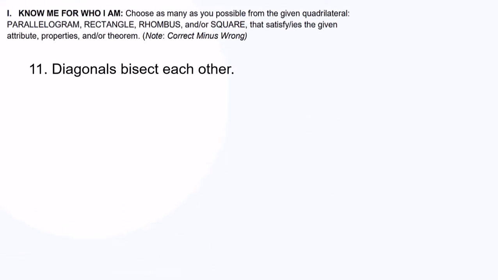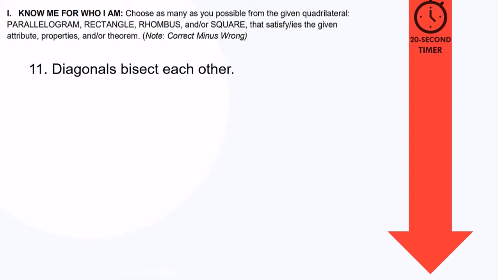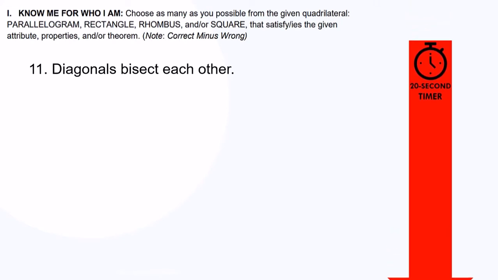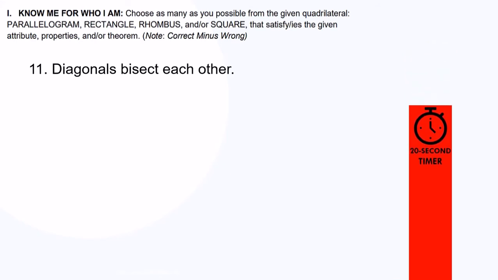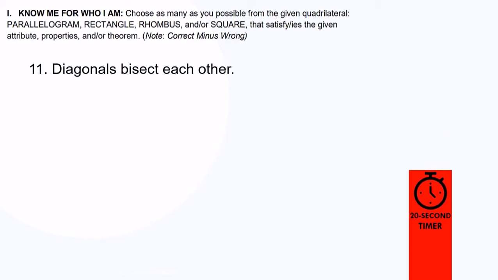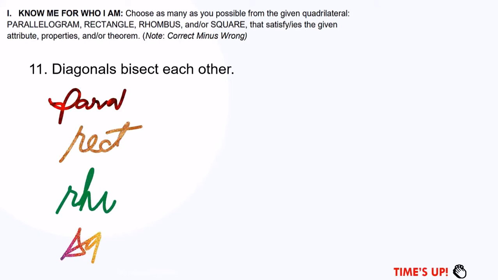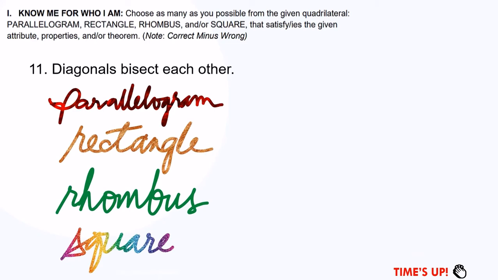Diagonals bisect each other. Your timer starts now. Correct answer, parallelogram, rectangle, rhombus, and square.